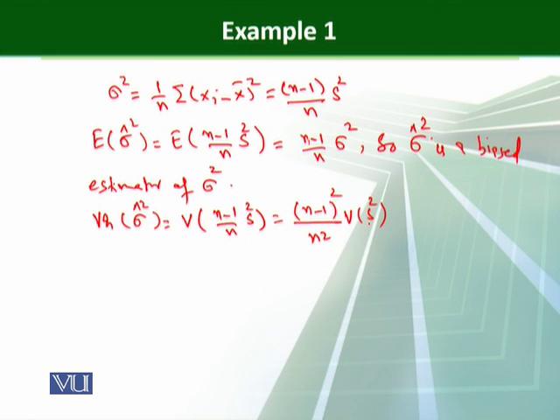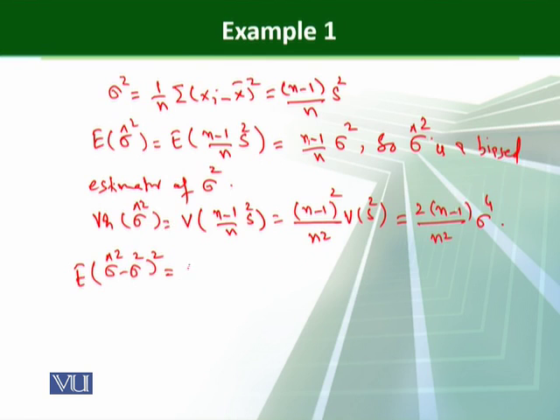We have already found the variance of S square, so just put in the result and solve it. We will find 2 times n minus 1 over n square into sigma raised to power 4. Hence, the MSE is the expected value of sigma hat square minus sigma square whole square.